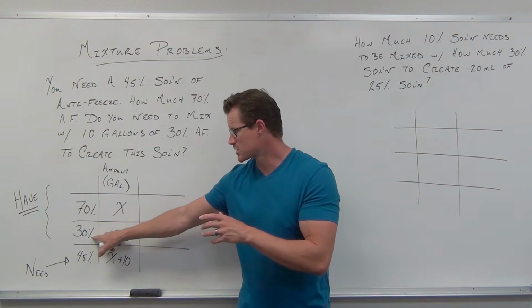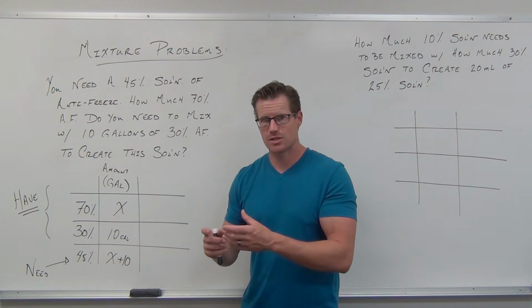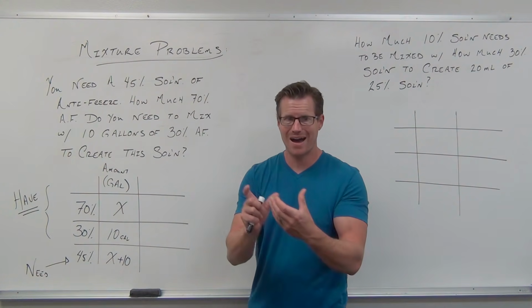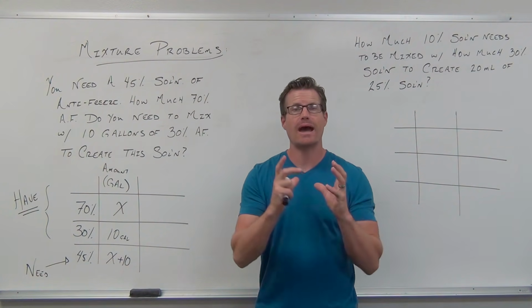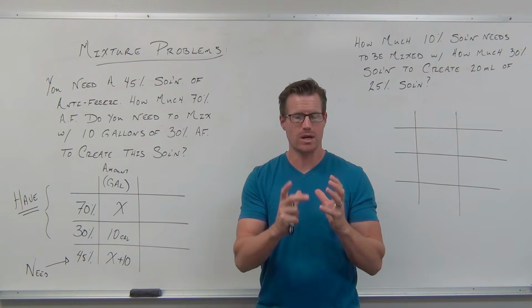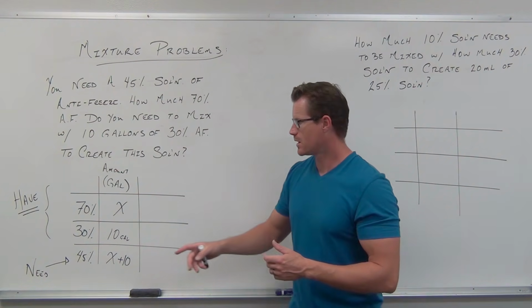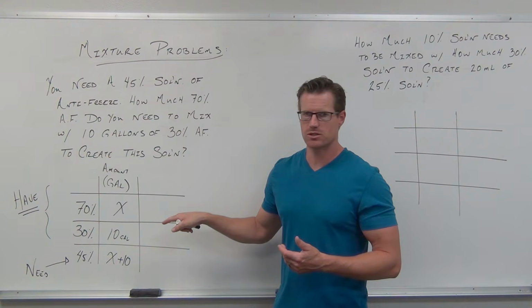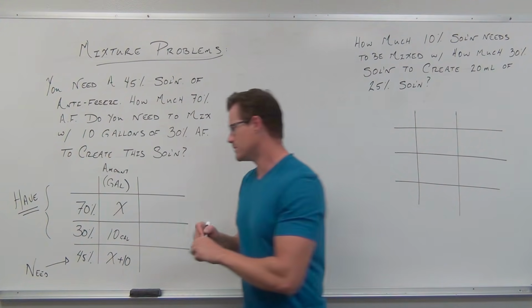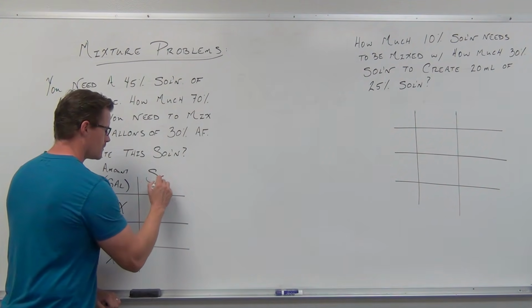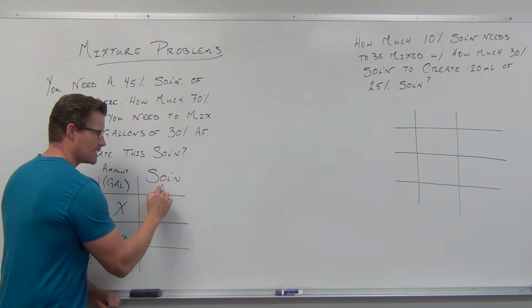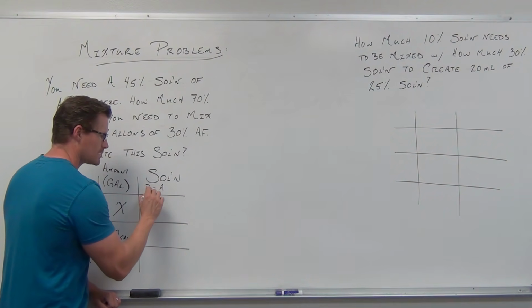So if we have 30% antifreeze and there's 10 gallons of it, there's actually 30% times 10 gallons of actual undiluted 100% pure antifreeze. So in other words, once you found this, just multiply straight across. That's how you find your solution. In this case, our solution is pure antifreeze.